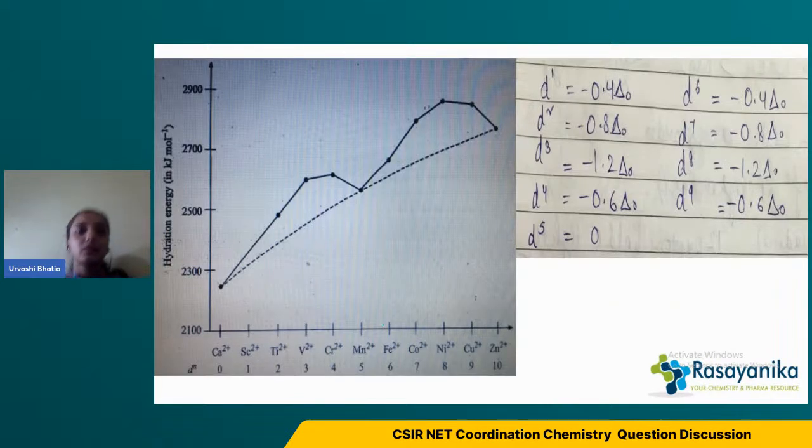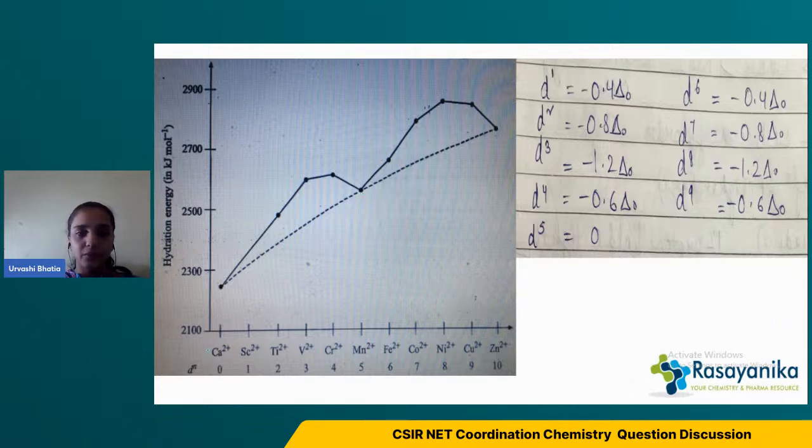In this graph, you can see that this dotted line, the lower one, comprises the hydration energy without the CFSC. And the two humps you can see belong to the hydration energy with CFSC. For calcium, manganese 2+ and zinc 2+, the CFSC is 0.